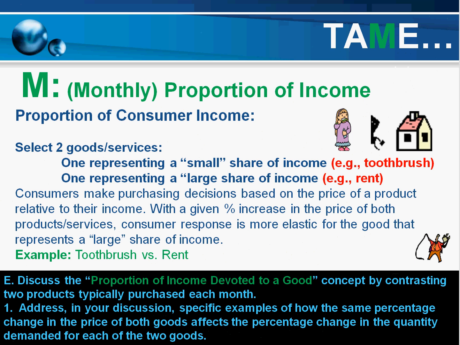When consumers are making their purchasing decisions, they make them partly based on the price of the product relative to their income. It's a relative measure. And specifically, their response is going to be more elastic or price sensitive for a good that represents a large share of income.